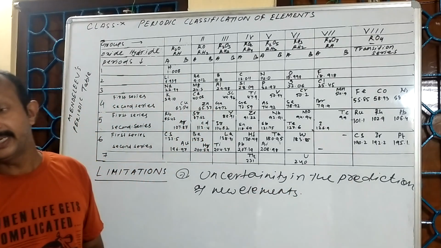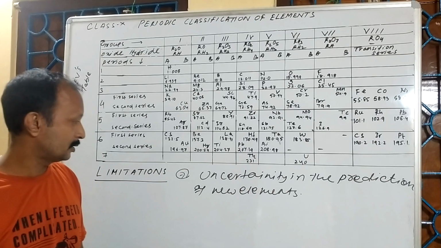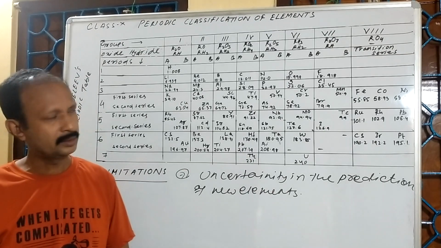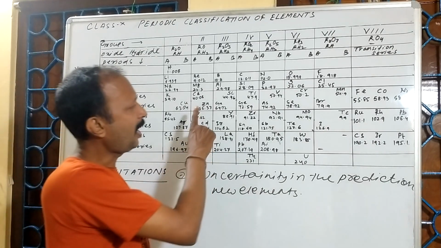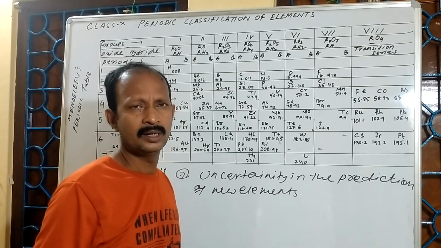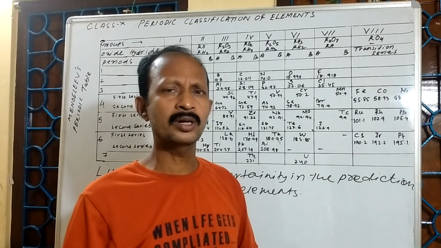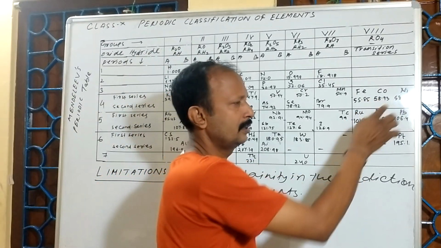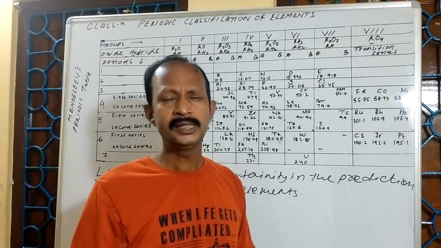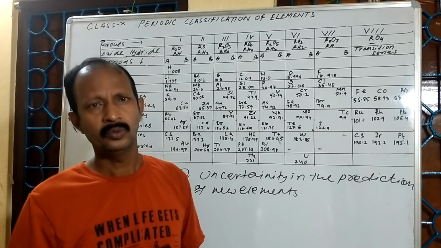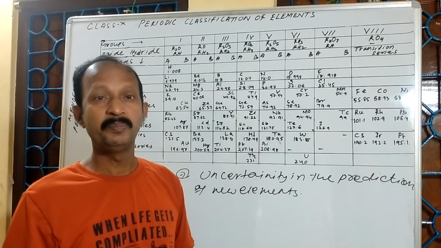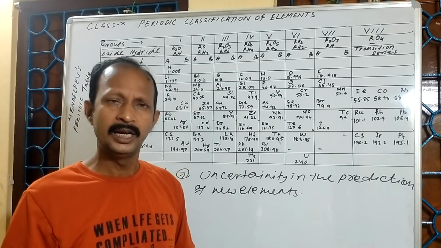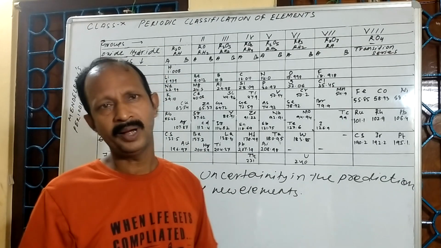What is the uncertainty in the prediction of new elements? When Mendeleev arranged the elements according to the increasing order of their masses, in some places he arranged elements of higher mass before elements of lower mass.